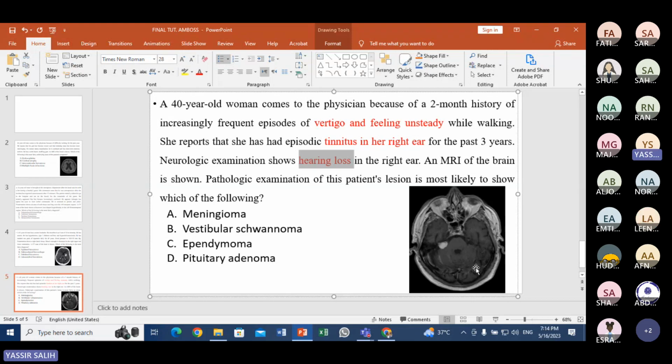We said T2, the most important thing is to see what? What is this structure? This black area is the fourth ventricle. So the CSF here is hypointense.